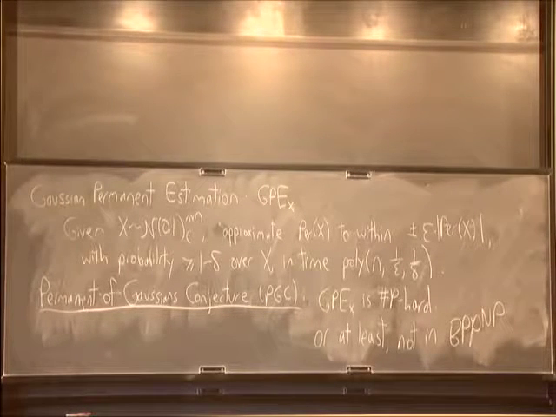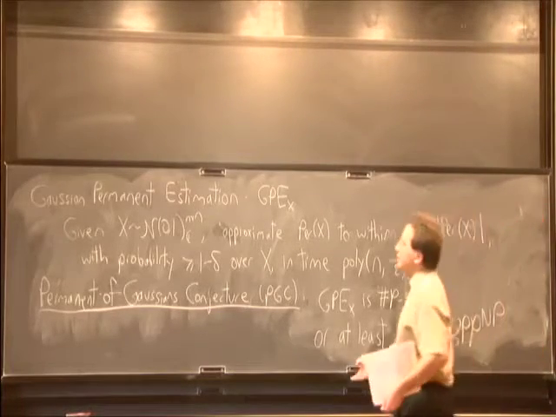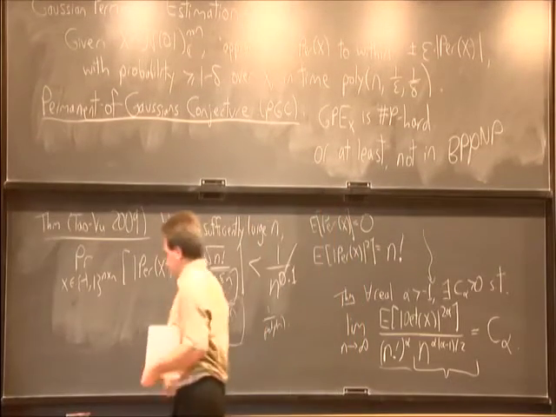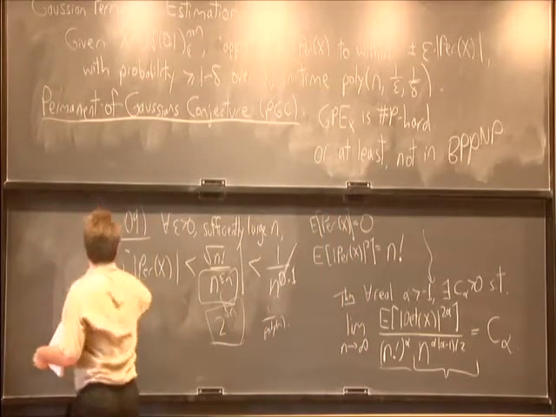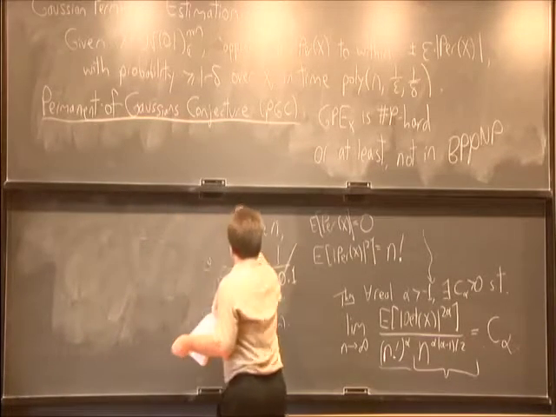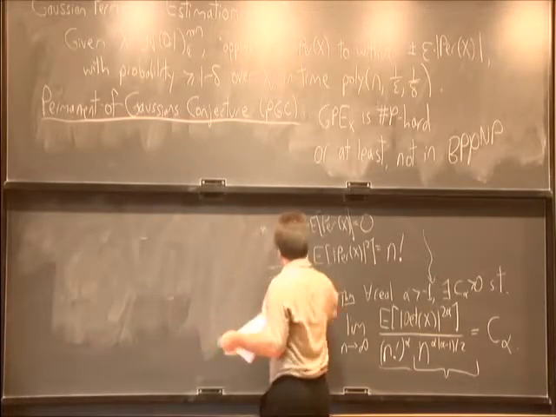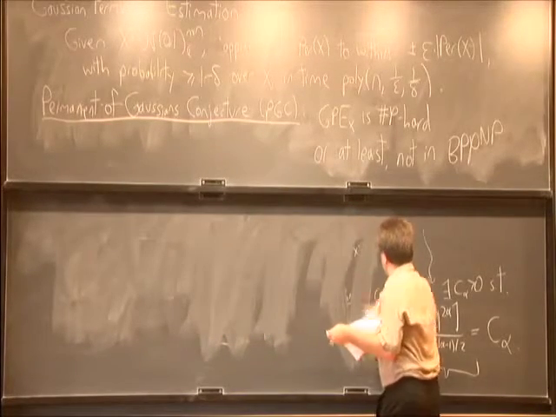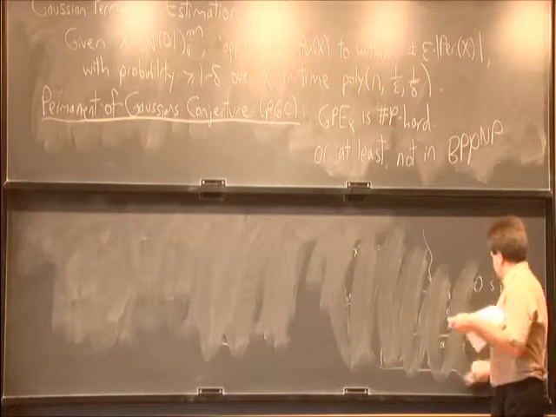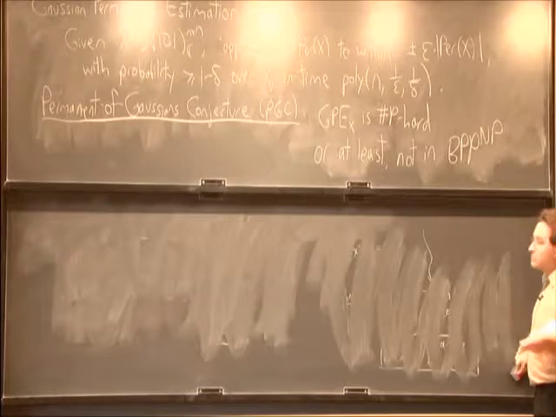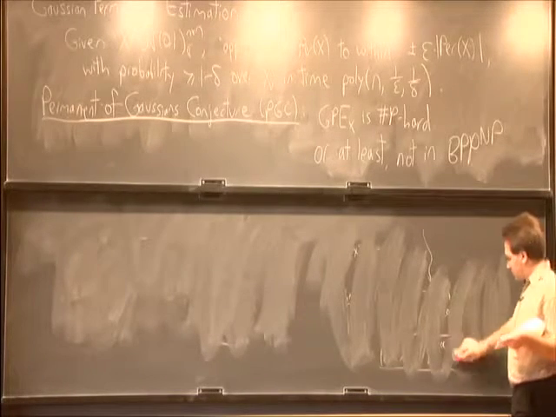Say probability 1 minus delta over X. Excuse me, can't you replace it in your sufficient form, since it's natural to consider deterministic algorithms?